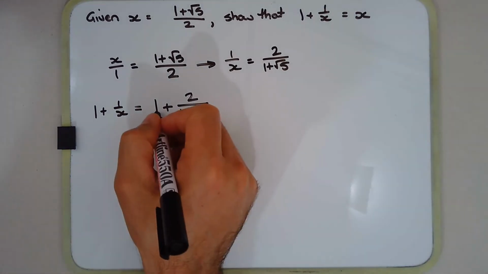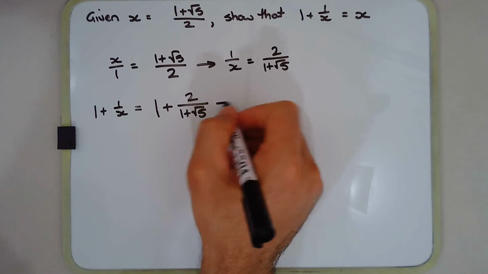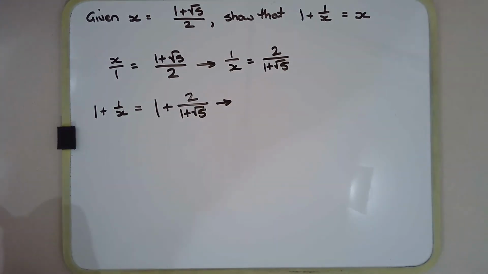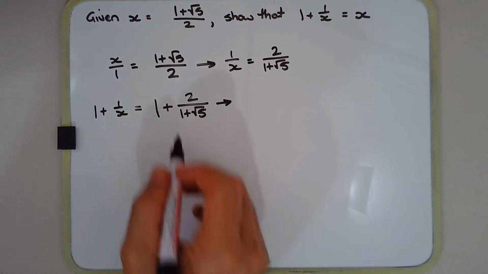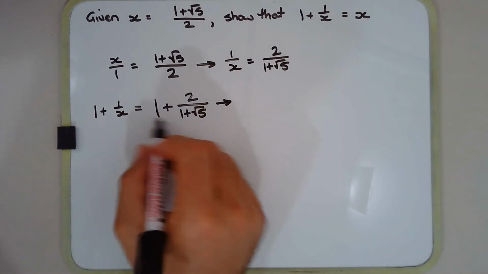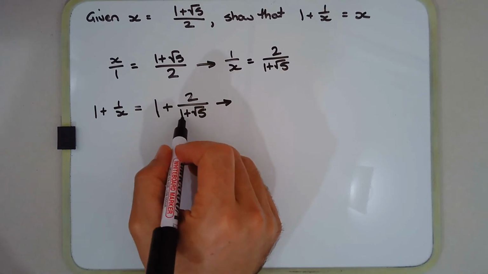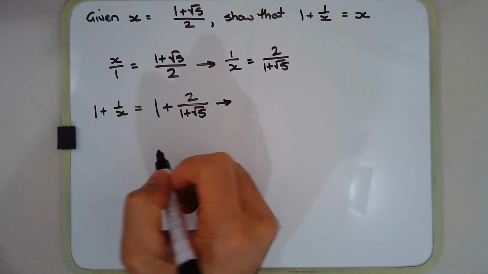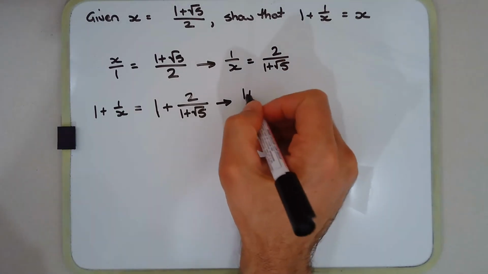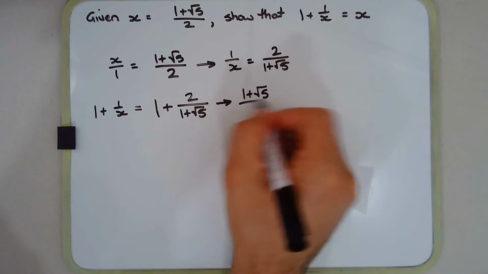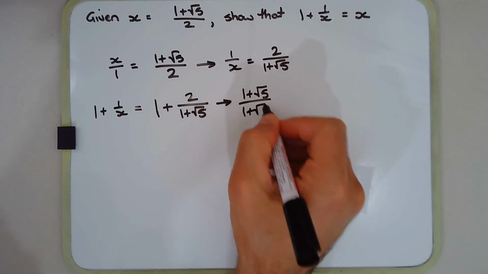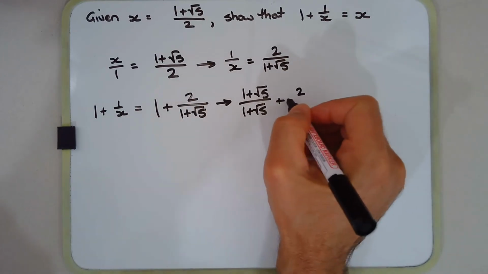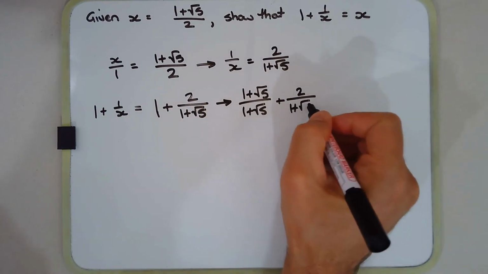We have a bit of a problem here: a whole number and a fraction involving a surd, an irrational fraction. Let's get a common denominator first. I'd like to convert the 1 into a fraction with denominator 1 plus root 5. That's easy enough: (1 plus root 5) over (1 plus root 5), plus this fraction, 2 over (1 plus the square root of 5).